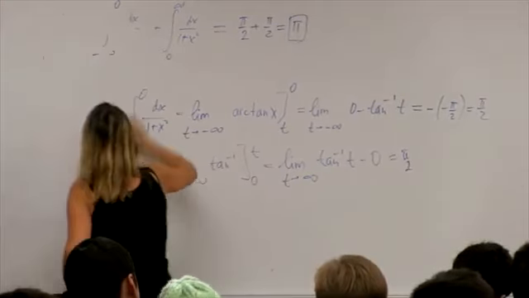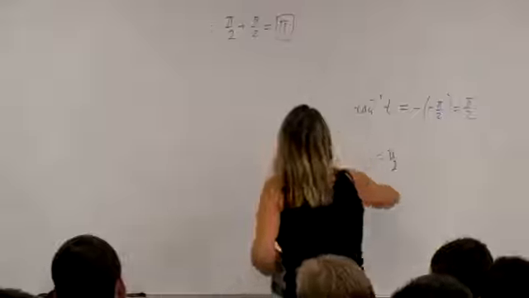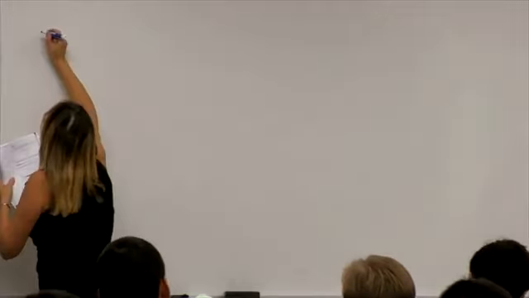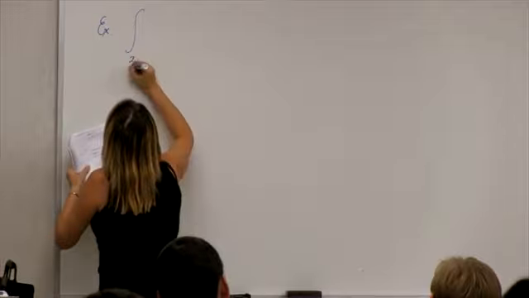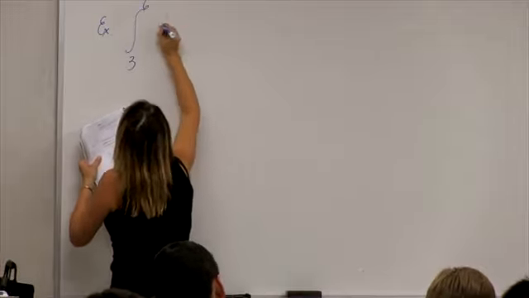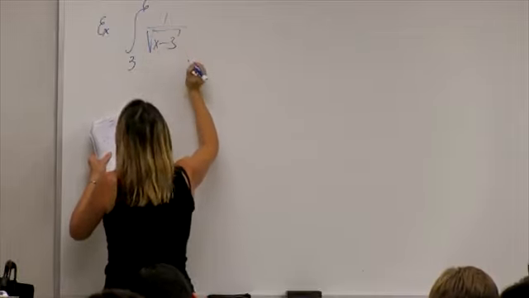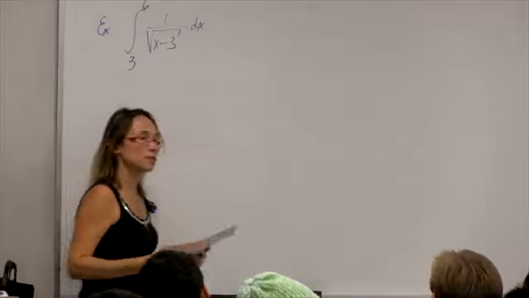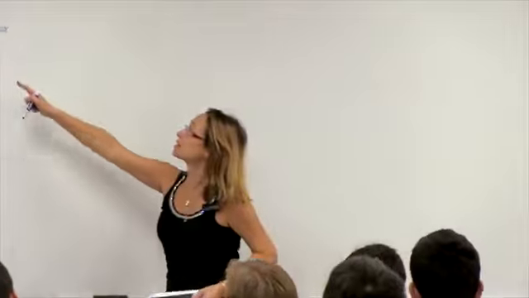So the first one is the following. Let's integrate from 3 to 6, 1 over the square root of x minus 3 dx. This innocent-looking integral, of course, has a discontinuity when x equals 3.